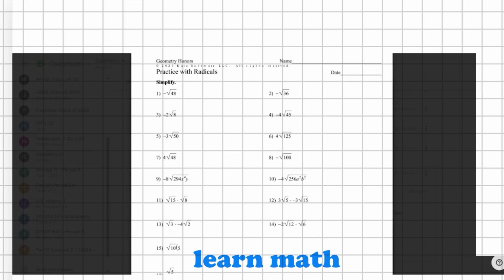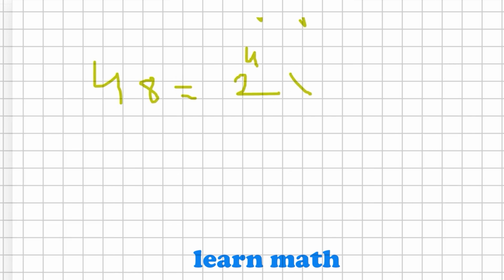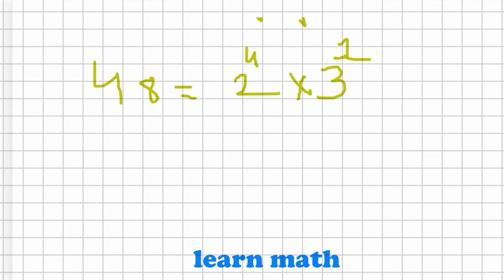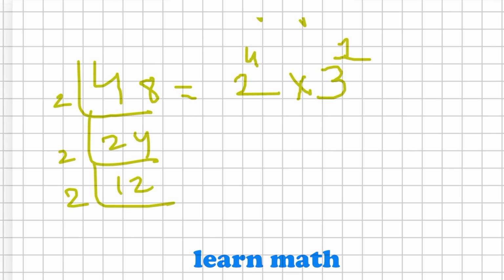The thing is, for the numericals, try to do the prime factorization method. 4 times 3 to the power 1. 16 times 3. So it's like take this LCM: 2, 24; 2, 12; 2, 6; 2, 3.